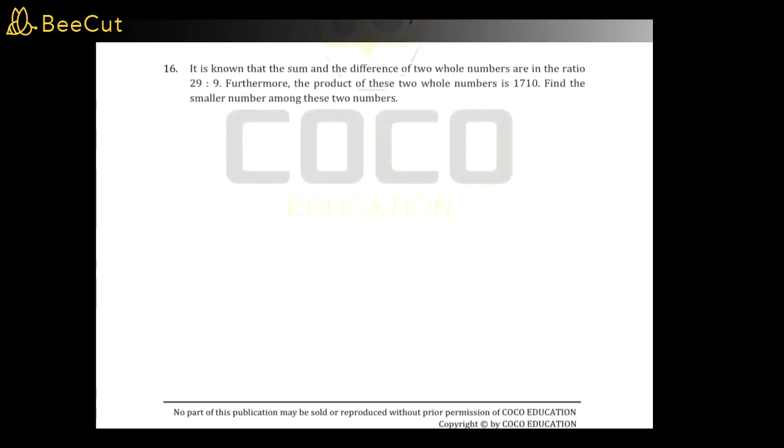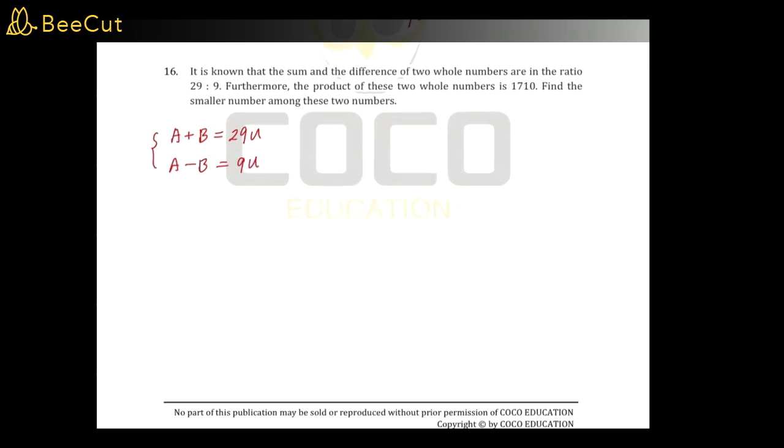Next, question 16. So the sum of the two numbers and the difference of the two numbers is in the ratio of 29 to 9. Let's say the two numbers are A and B. So A plus B, we can let it be 29U. A minus B is 9U. And you can just simply add them together.